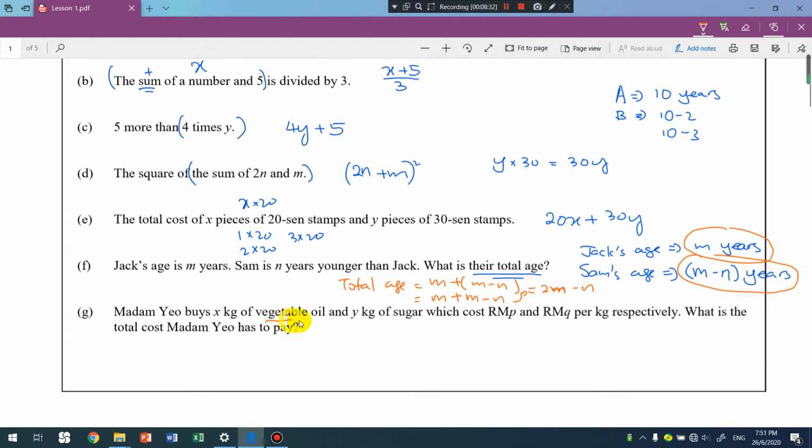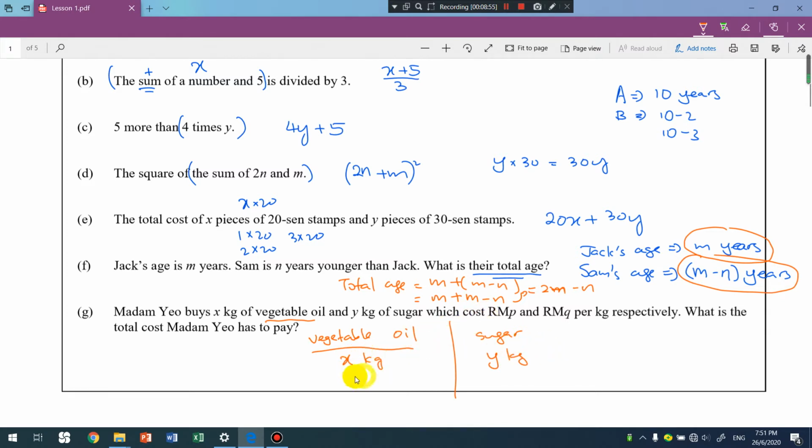Right now you have vegetable oil and sugar. Vegetable oil is x kilogram, and sugar is y kilogram.